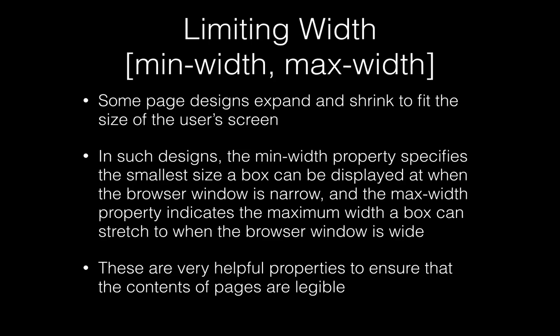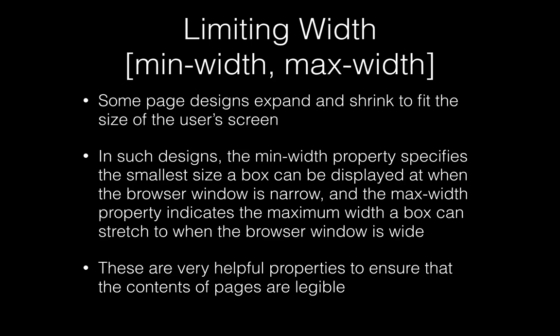Some page designs expand and shrink to fit the size of the user's screen, because when you design your website, you're not only designing it for your desktop, but also for mobile devices, like your tablet and handphones. I talked about this in week 2, about different screen sizes. Basically we are talking about the viewport.